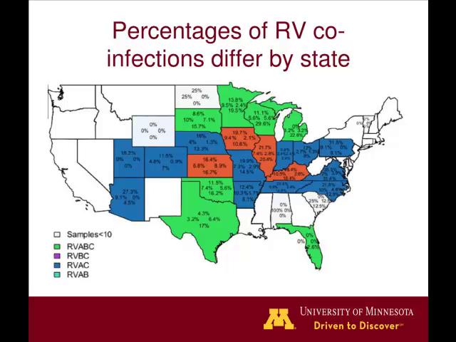And then we start looking at co-infections that differ by state. So we want to look at rotavirus AB co-infection, rotavirus AC, and also rotavirus BC, and then all 3 together, ABC.